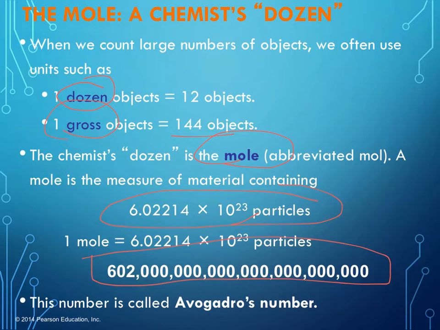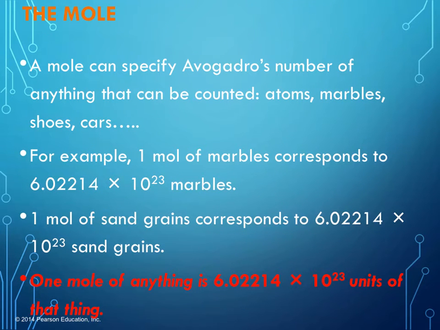And so we'll talk in a minute about where that strange number comes from, but that is a number that you need to commit to memory. We also call that Avogadro's number. Because a mole is a counting number, we could theoretically have a mole of anything. We could have a mole of marbles, a mole of sand, a mole of shoes, a mole of cars.